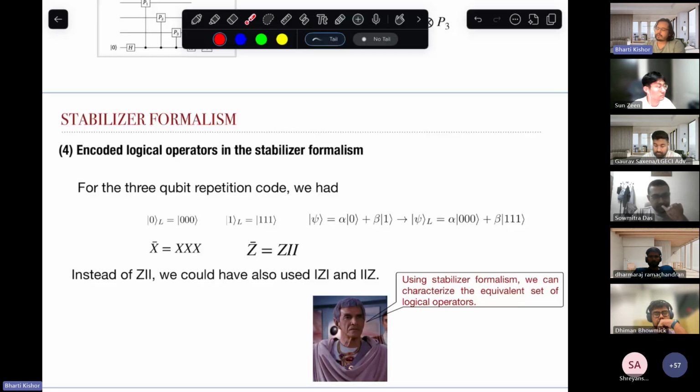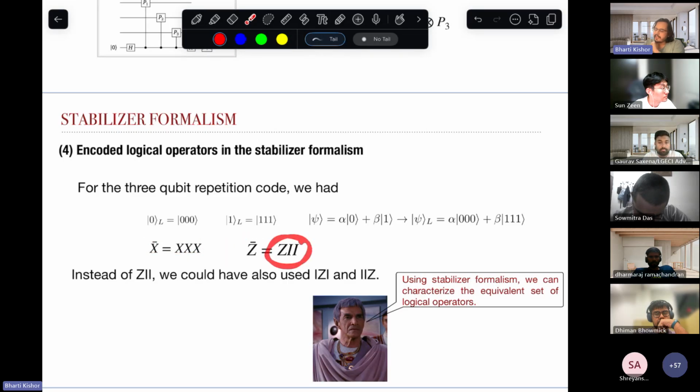Now, the encoded logical operator in the stabilizer formalism is also easy to see. Let's say we had 0 logical was 000, 1 logical was 111 for the 3-qubit repetition code. And our code state was alpha 0 plus beta 1, which was alpha 000 plus beta 111 when we encoded it. Our X logical was XXX, Z logical was ZII.